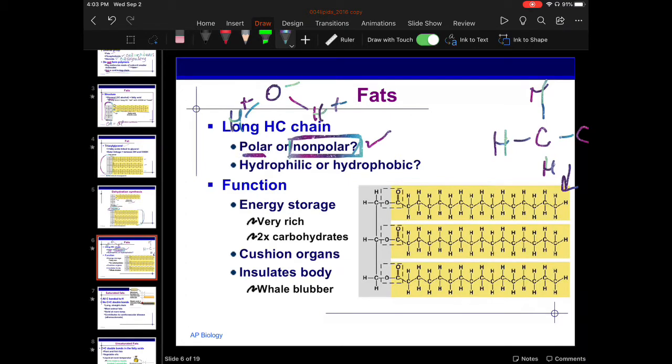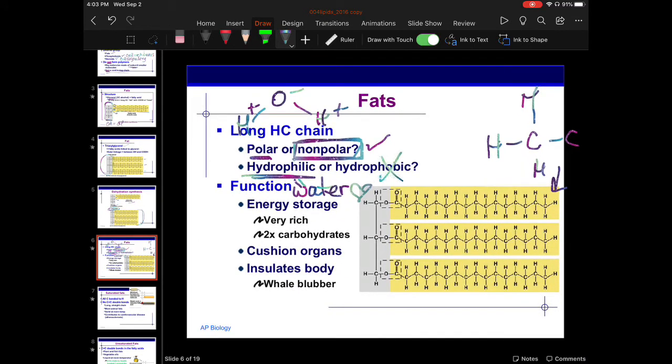And we call those things hydrophilic. Hydrophilic means water lover. And then hydrophobic means I hate water. Okay, so nonpolar is hydrophobic, polar is hydrophilic.